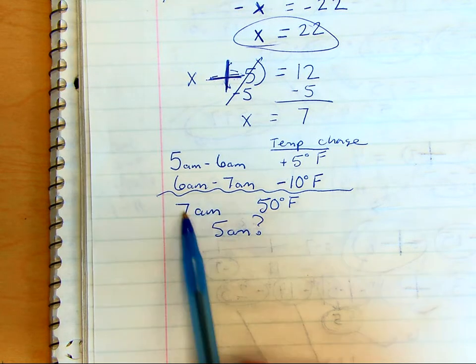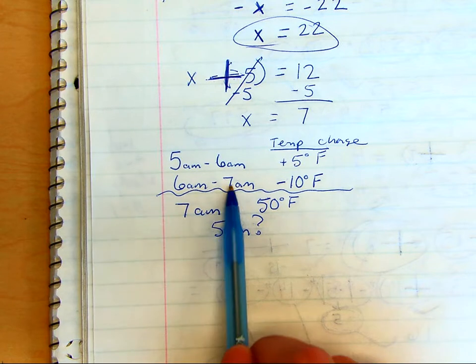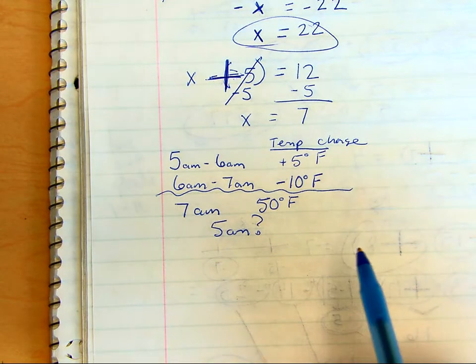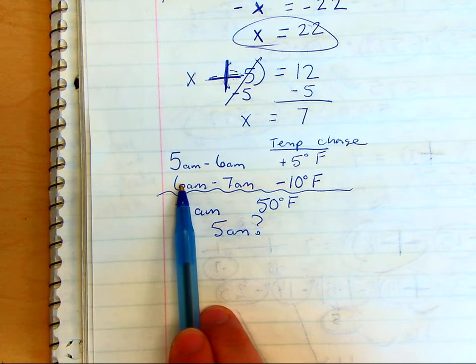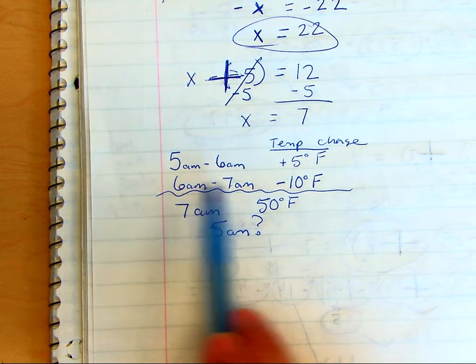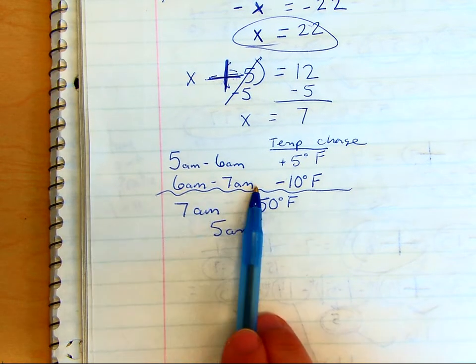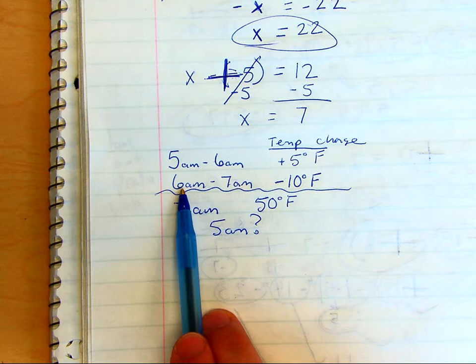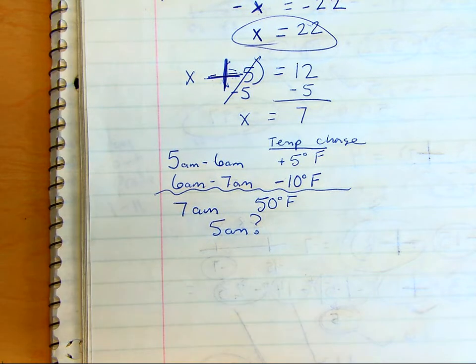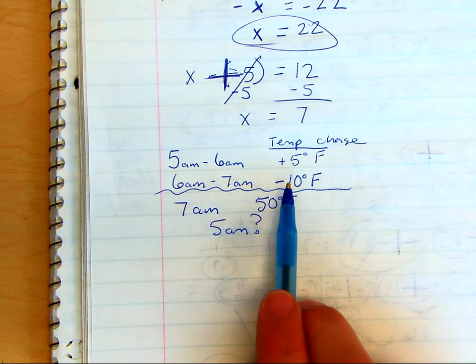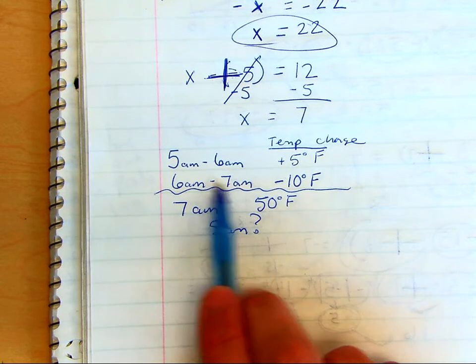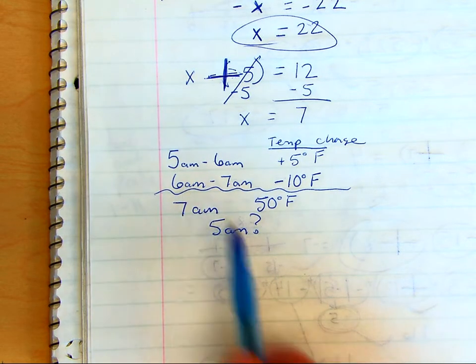So if I want to figure out 5 a.m., I need to work backwards. So if I went from 7 a.m. to 6 a.m., how did the temperature change? From 7 to 6, going backwards, I'd want to do the exact opposite thing. This is telling me from 6 to 7, it went down 10. So from 7 to 6, it went up 10.